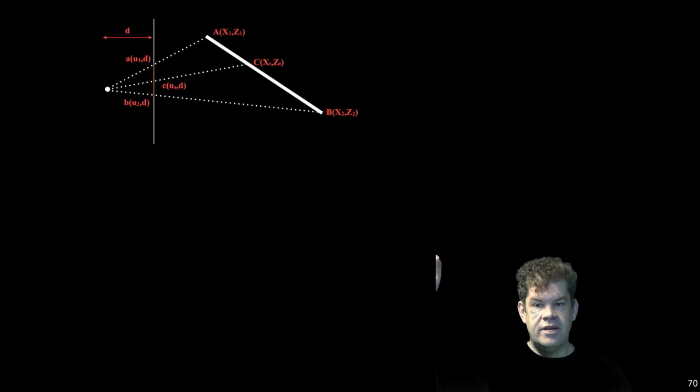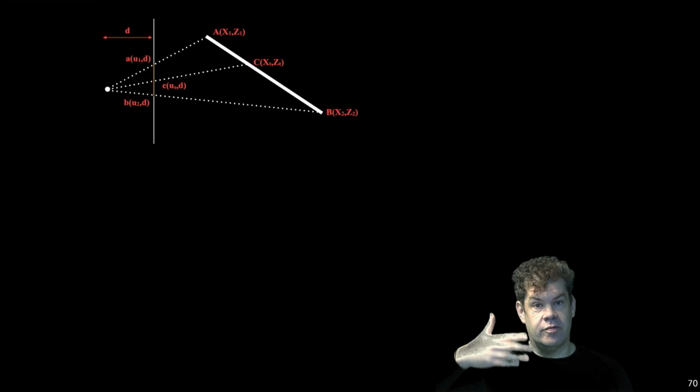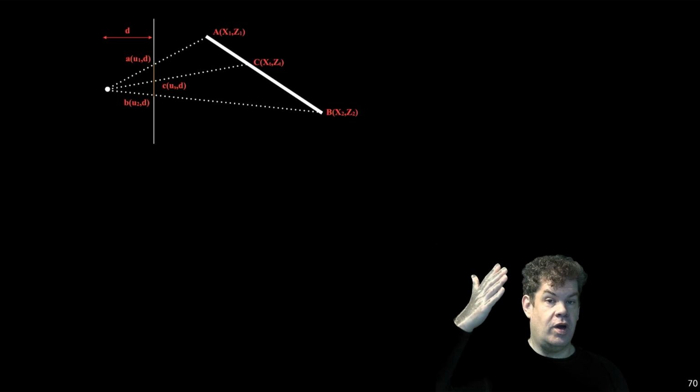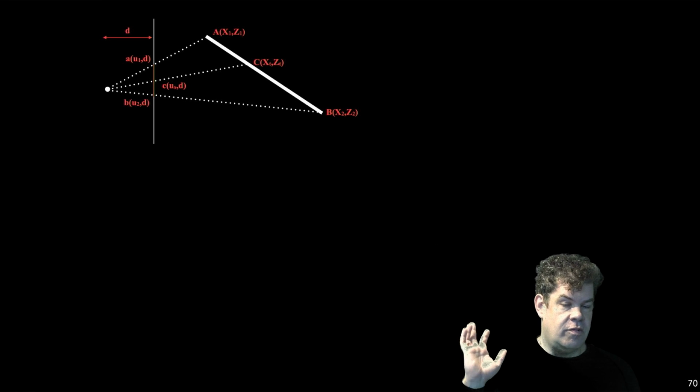What I added in this image is a few numbers. D is the distance to the viewing plane from the viewer. Any point on the viewing plane has as its second coordinate D. The first coordinate is then the X or Y coordinate. If this is up, down, we'd say Y, and then the second coordinate is Z, or whatever you want to name it.